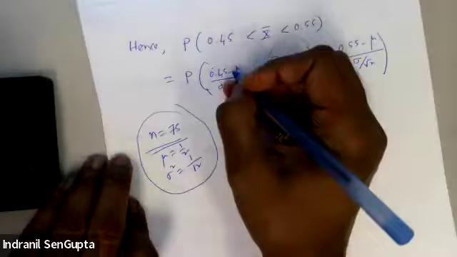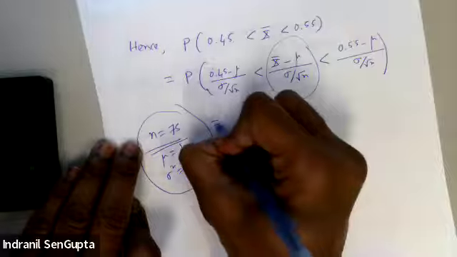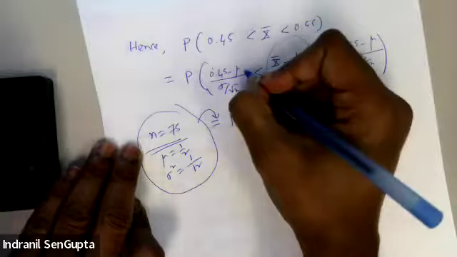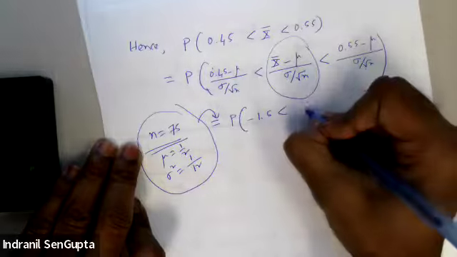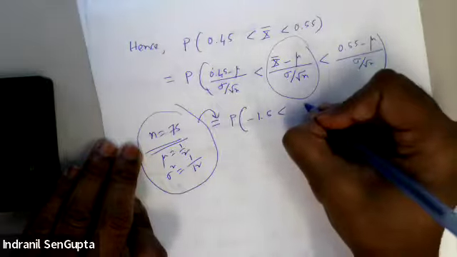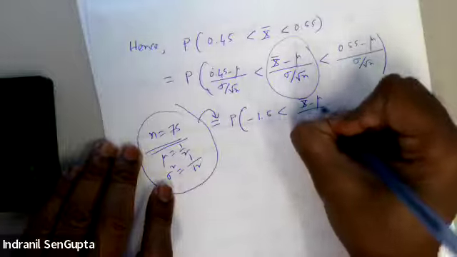If you plug everything in, you'll find that this is the probability that minus 1.5 is less than, let's keep it this way, x bar minus mu over sigma over square root of n, which is less than 1.5.